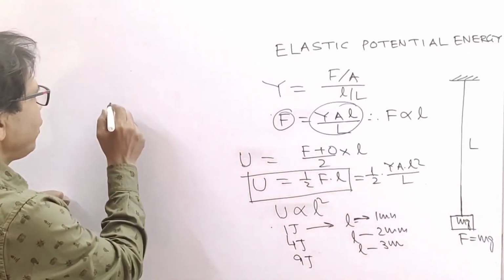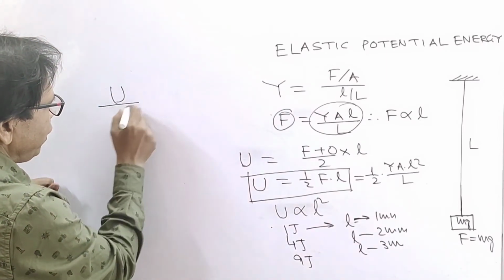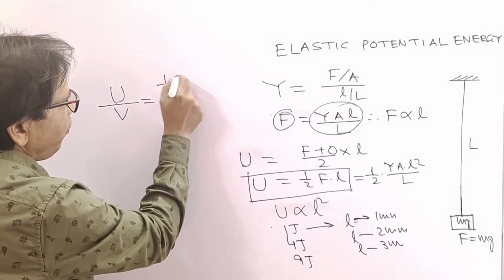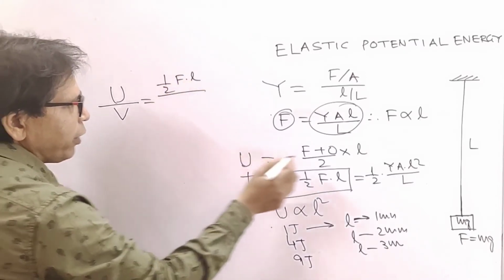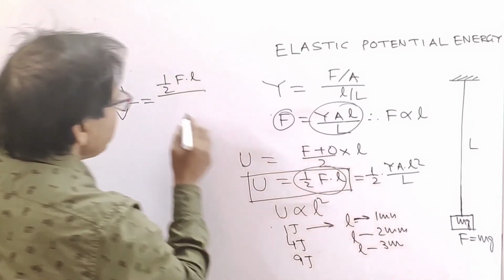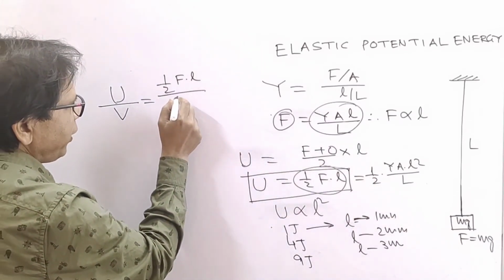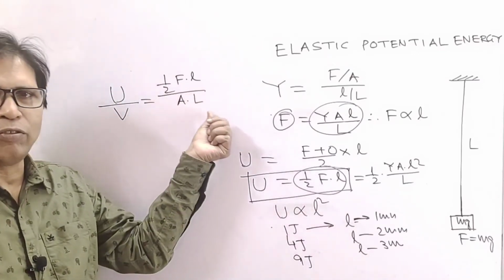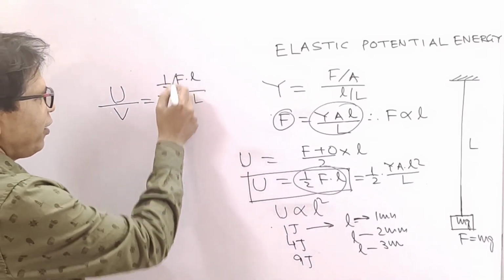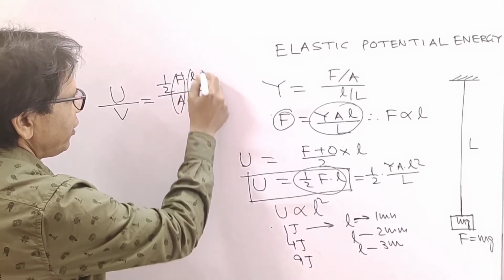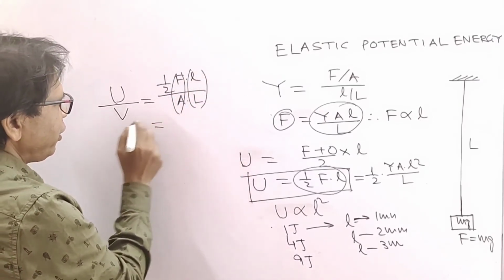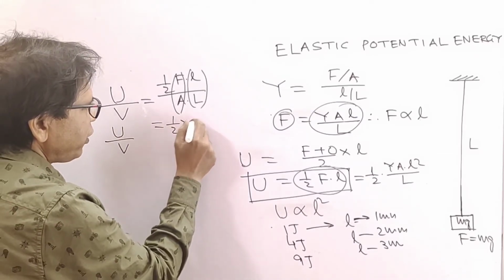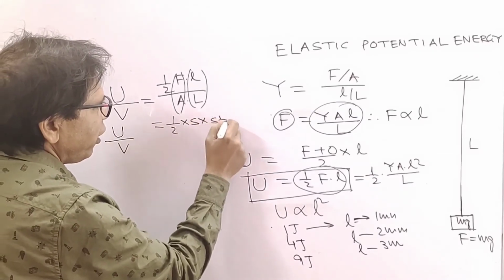Now we have to express the energy density in an elastic substance. The energy density, that is energy by volume, is half F into l divided by the volume, that is A into L, area of cross section into length. Now this is the stress, this is the strain. So energy density U by V equals half stress into strain.